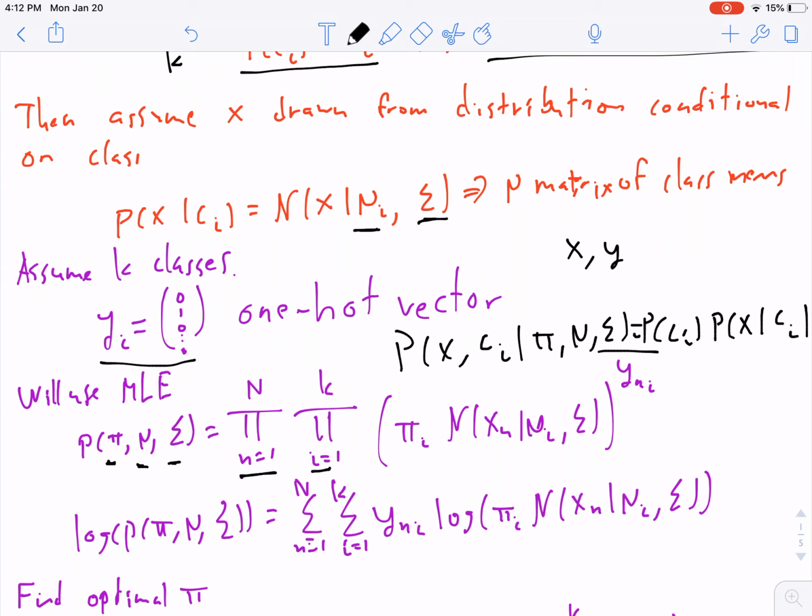And that's exactly what we've written here. First, pi i is the probability of being in that class, and then this, again, a little bit of an abuse of notation, is the conditional probability of getting that x value given being in that class.